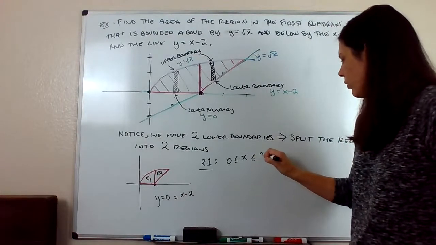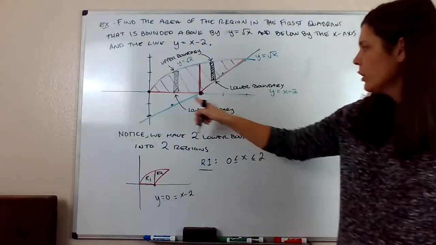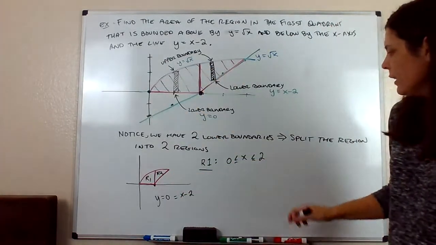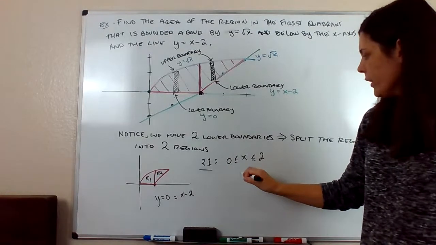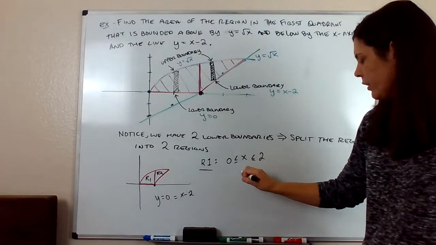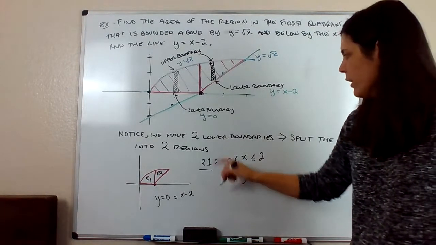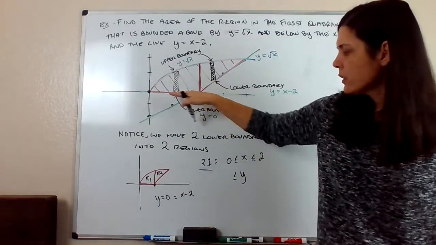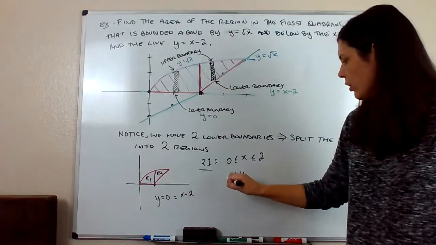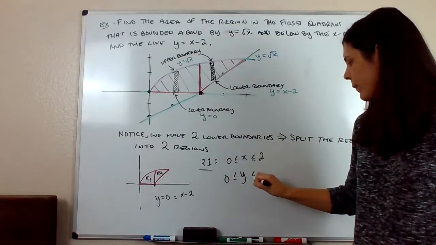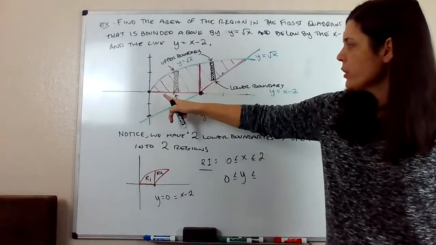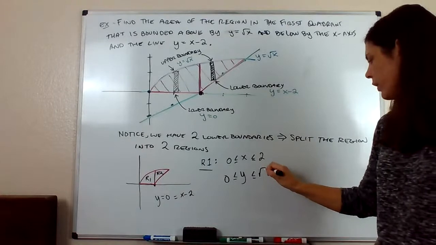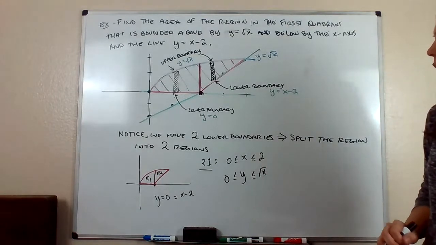So we can get pretty quickly that x is 2. So from 0 to 2, we're in the first region. Then the lower boundary for y in this first region is the x-axis, so y equals 0. In that first region, the upper boundary was still the square root of x.